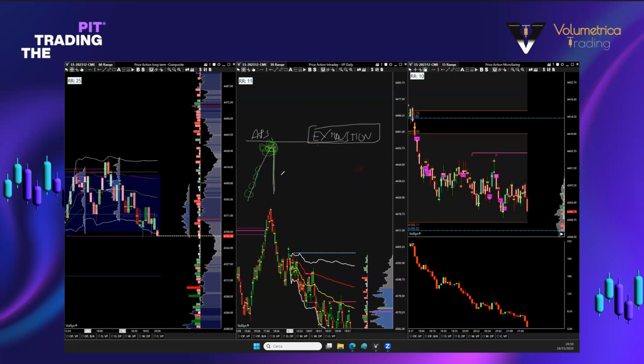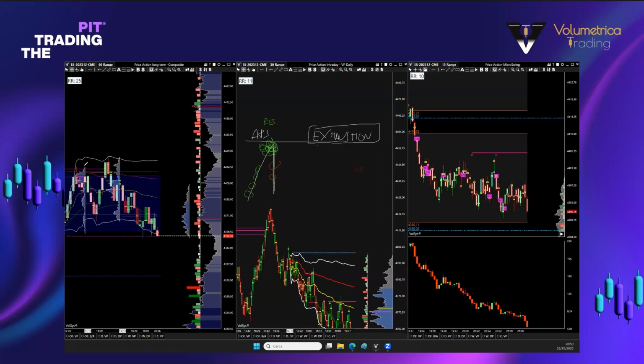Then price starts to build some initiative on the other side. So we can determine, oh okay, cool, that was a proper absorption where buyers were absorbed. So that can also be considered as a resistance point from now on.